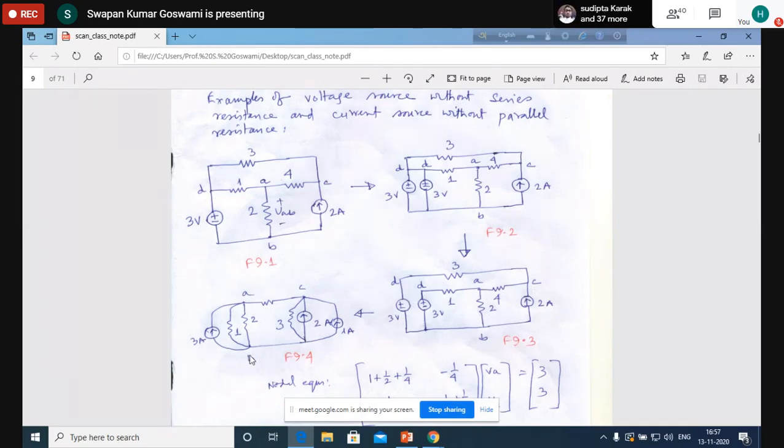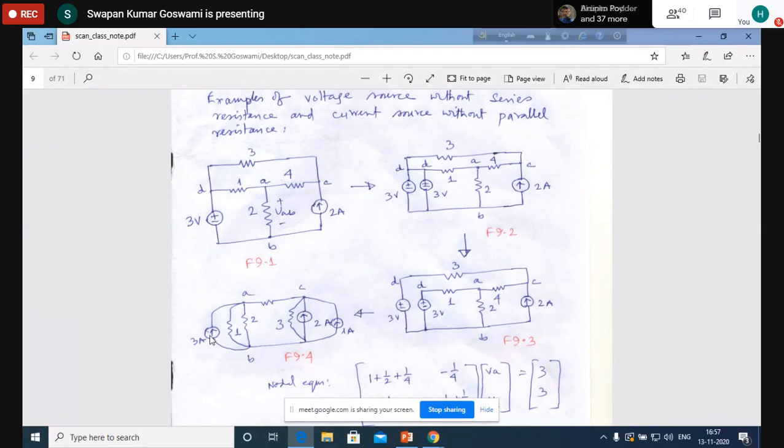Okay, between A and B, we have this 2 ohm resistance, and to represent this 3-volt in series with 1 ohm, we shall have 3 ampere in parallel with 1 ohm. So it will be 3 ampere injected into the node in parallel with the 1 ohm resistance.